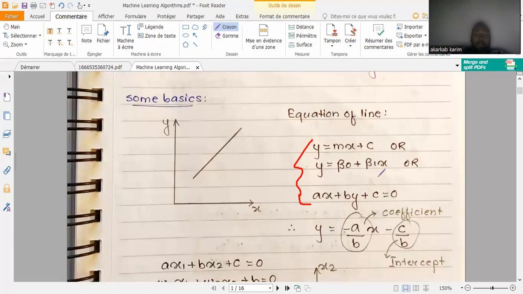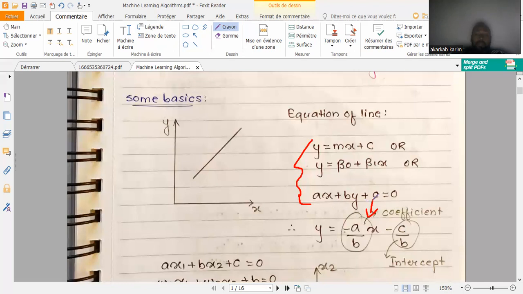If we look at the third one, a times x plus b times y plus c equal to 0, and we want to find the value of y, or to extract y, it is easy.